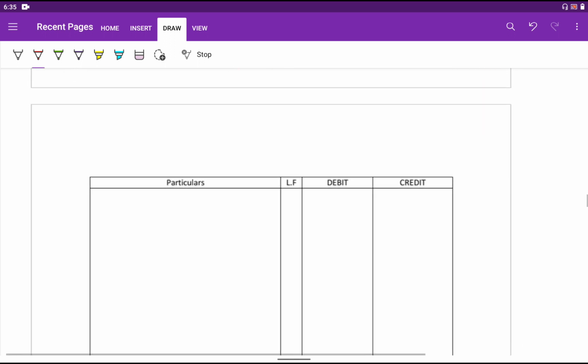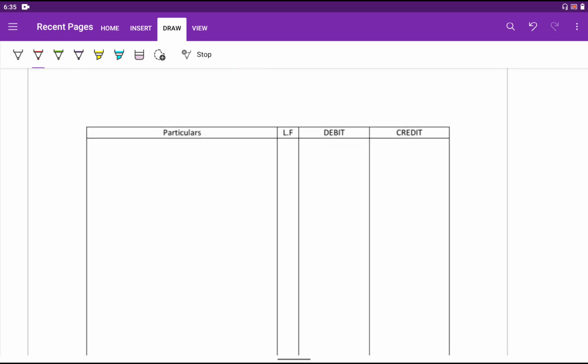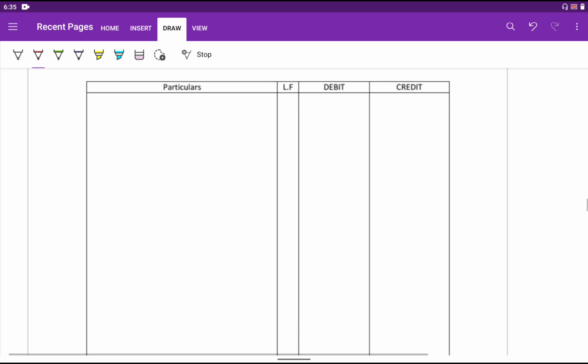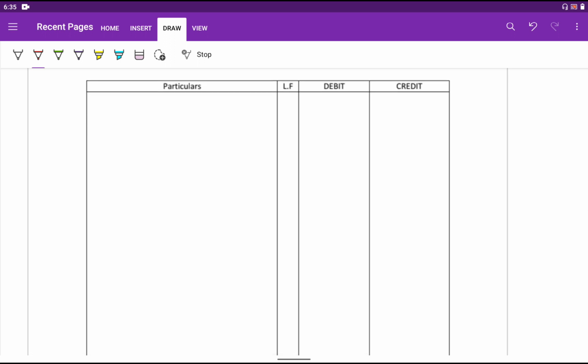Now we are going to do journal entry for this question. Normally we do journal entry for capital account and journal entry for realization account. So in this question we can do journal entry for capital and realization both.